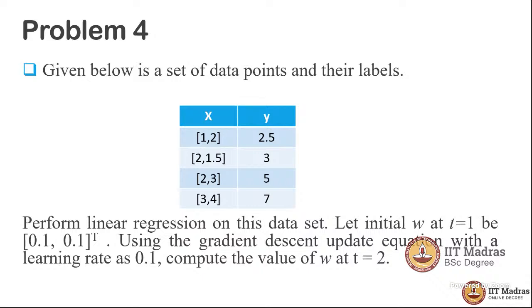The reason is that when you use least squares, you will be adding this column vector of 1s. To avoid that confusion, I had it in this session. You don't have to add any such column of 1s here. You can consider this x as a matrix. So we write x as 1, 2, 2, 1.5, 2, 3, 3, 4.